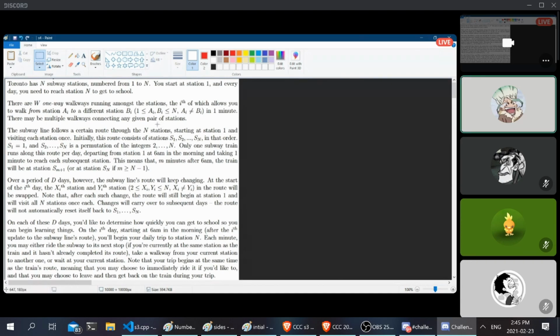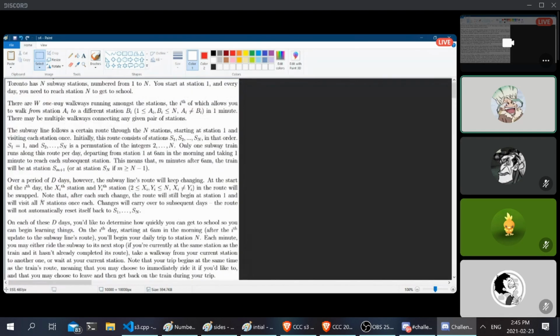So there can be multiple walkways connecting any pair of given stations. And there's also a subway line that follows a certain route through the n stations, starting from station 1 and visiting each station exactly once. And initially, the route consists of the stations S1, S2, all the way to Sn in that order.